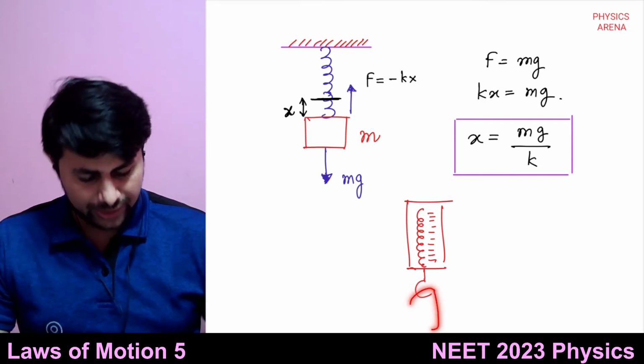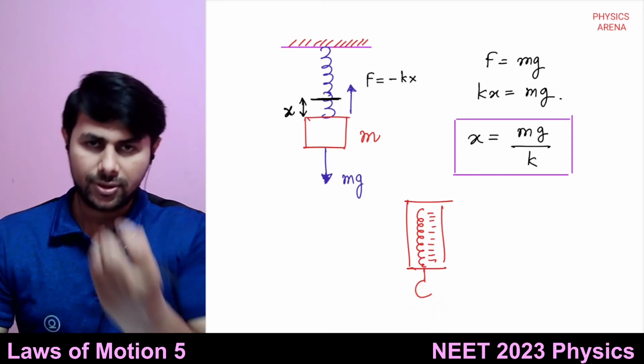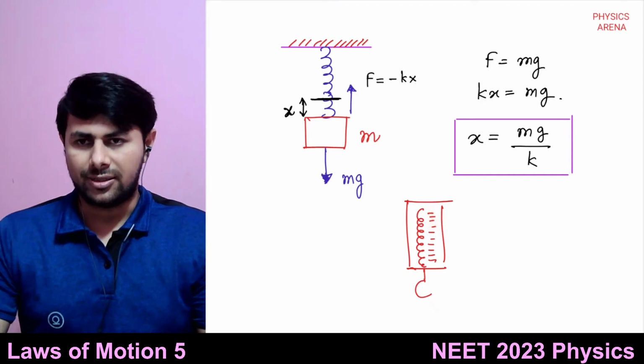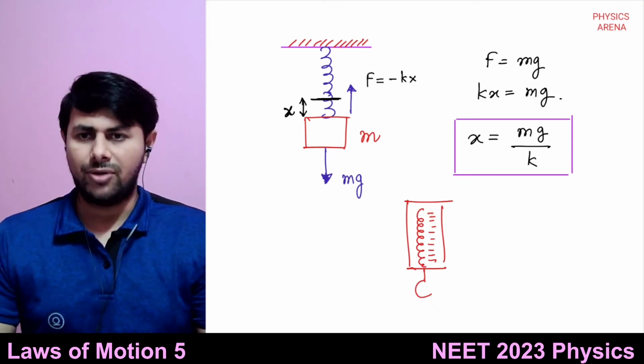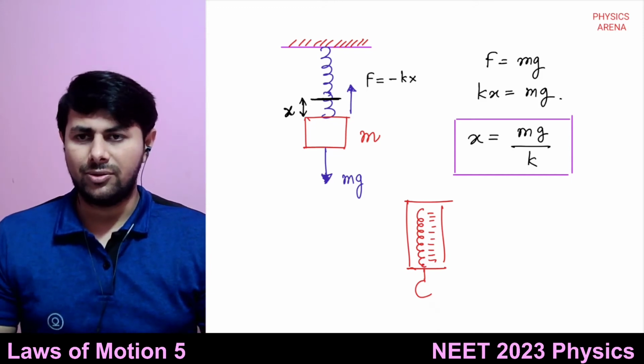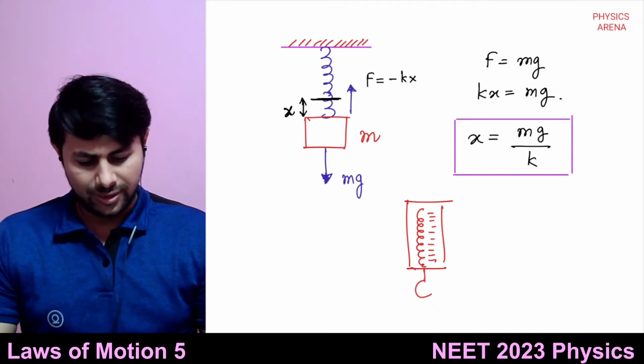You hook some mass over there, so it shows some extension and it gives you the reading. It gives you the weight. So that extension is directly proportional to the weight. All right, so this thing is clear.